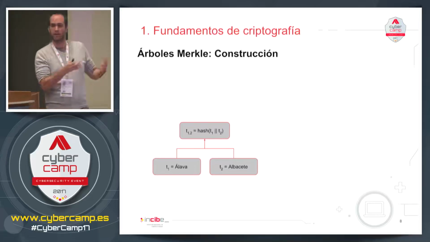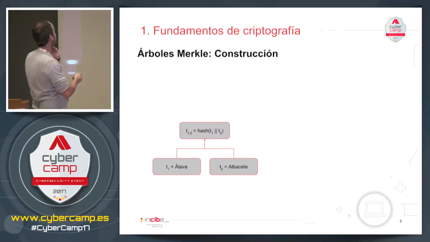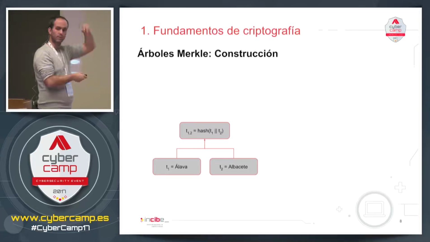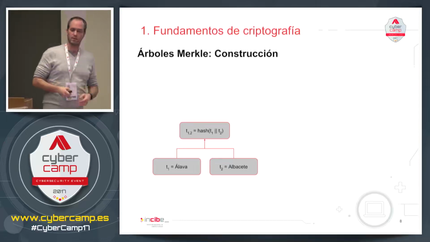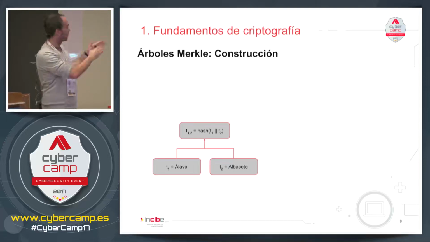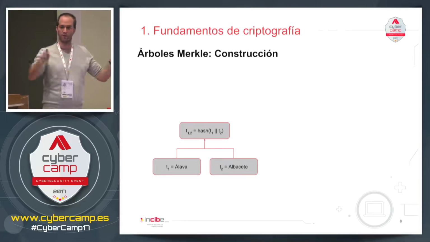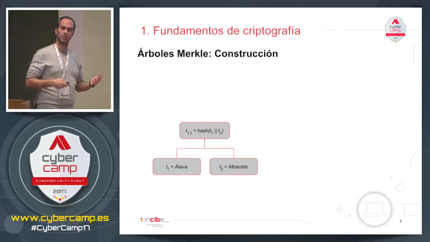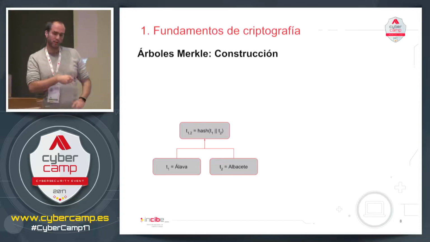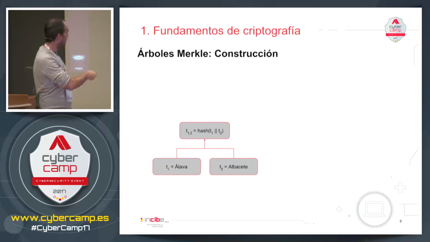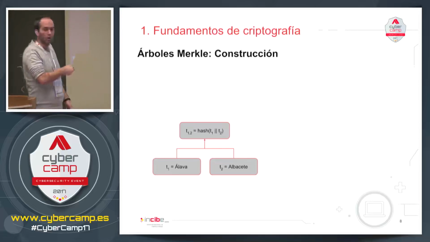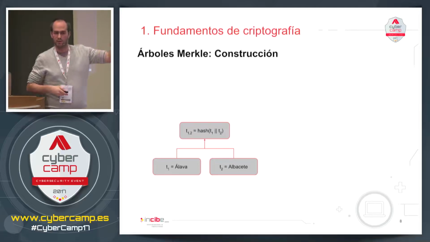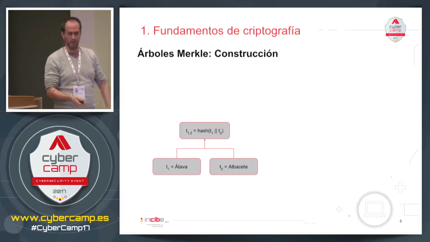I take a hash function, whichever one you want, and within it, as a parameter, I add Álava, concatenated or linked to Albacete. So I'm hashing Álava and Albacete together. And I've given this a value called T1, T2. This is a Merkle tree with 2 elements, and this is the value that represents it. T lowercase 1, T lowercase 2.